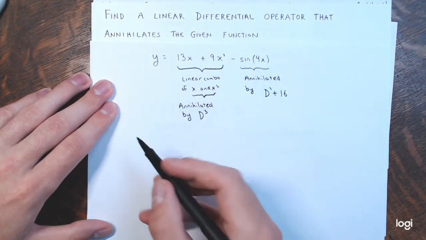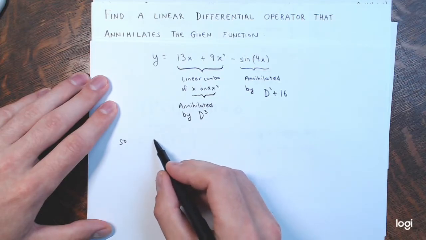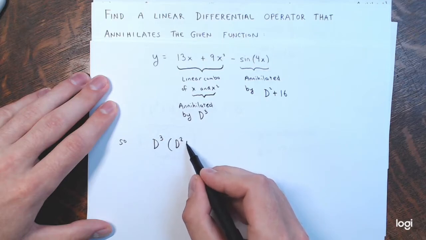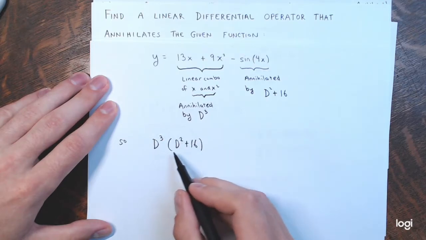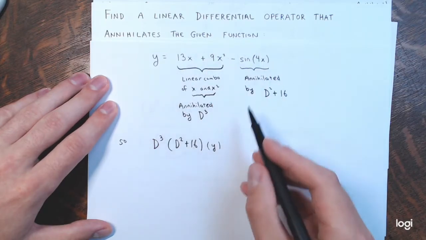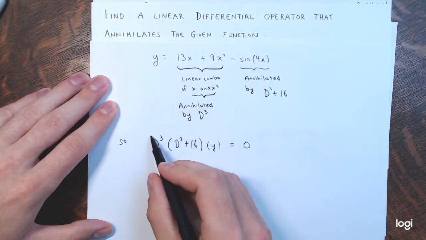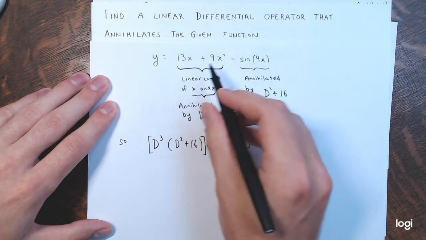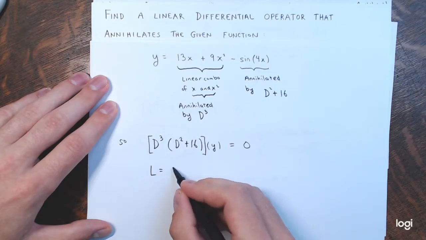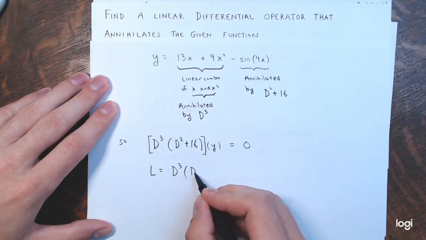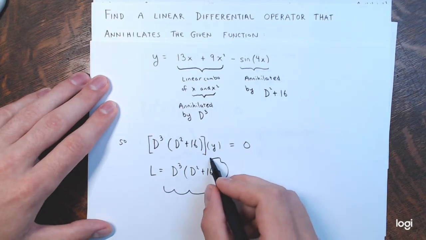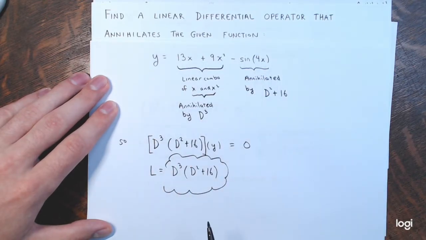So their product, D cubed multiplied by D squared plus 16, this would annihilate, I'll put just y here, so I don't have to write all that again. This would annihilate this function. So the linear operator I'm looking for here is D cubed times D squared plus 16. The annihilator of that function.